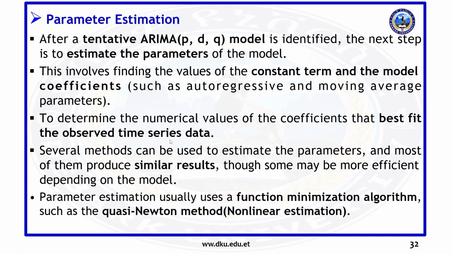Once a tentative ARIMA (p, d, q) model is identified, the next step is parameter estimation. This involves finding the values of the constant term and the model coefficients, such as the autoregressive and moving average parameters. The goal is to determine the numerical values of the coefficients that best fit the observed time series data. Several methods can be used to estimate these parameters.